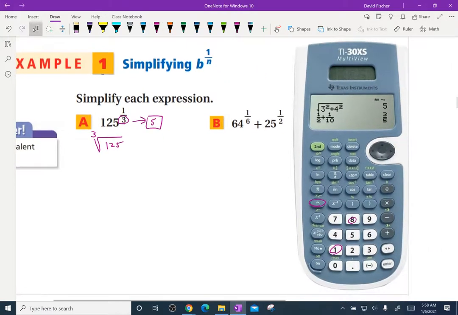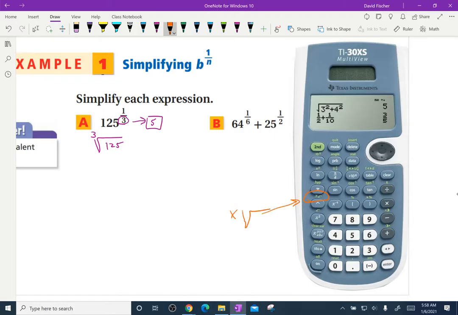On my calculator, I'm going to erase this stuff over here. I have a second function button here, and I see right here it says x square root of, and then just blank down here.